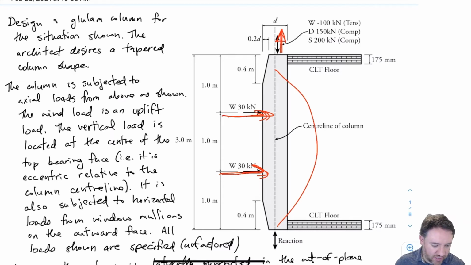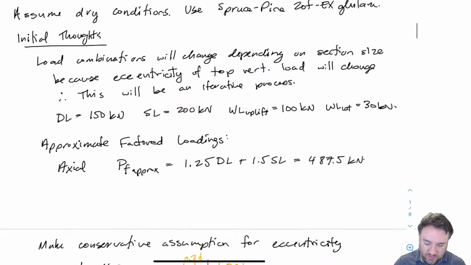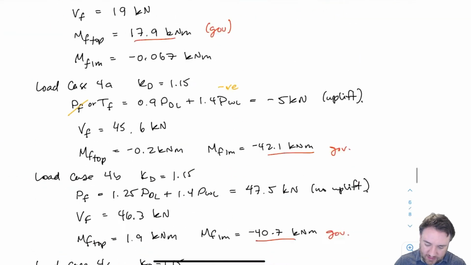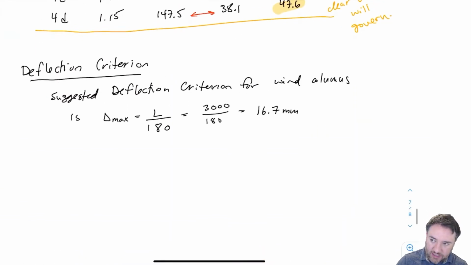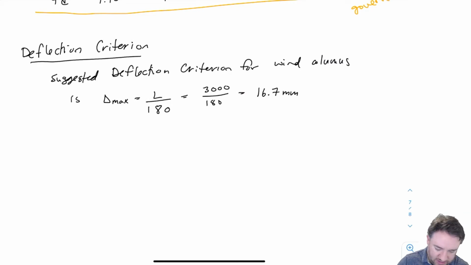Okay, so how do I find those deflections? I am going to lean on my structural analysis strengths and go to the tables in the standard. Okay, so for example, I am going to look at what's the deflection caused by just the lateral loads.